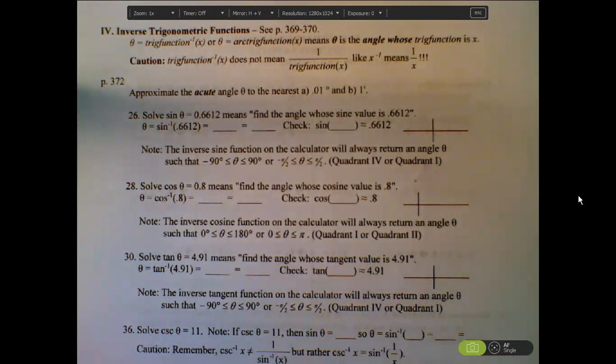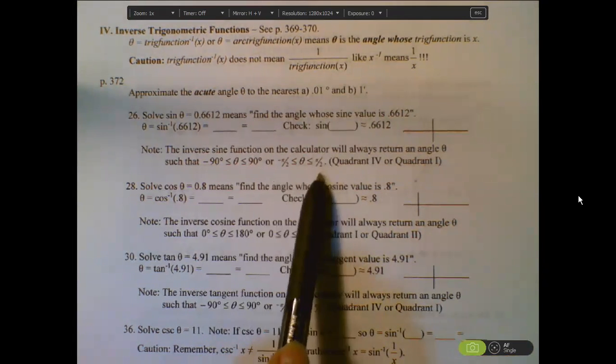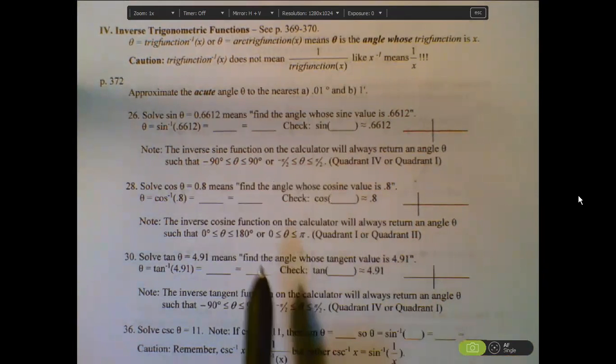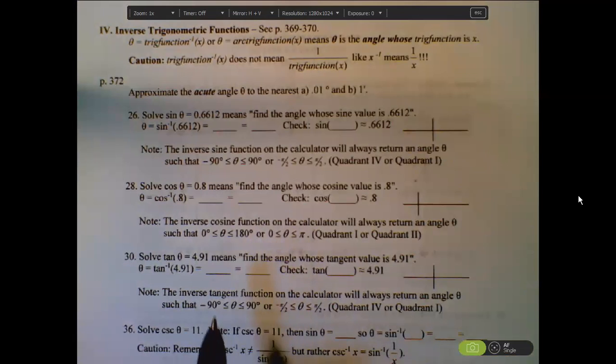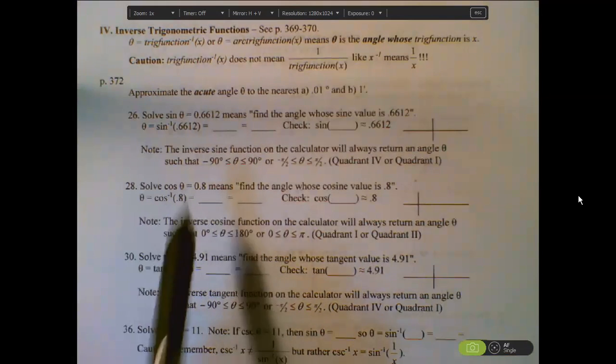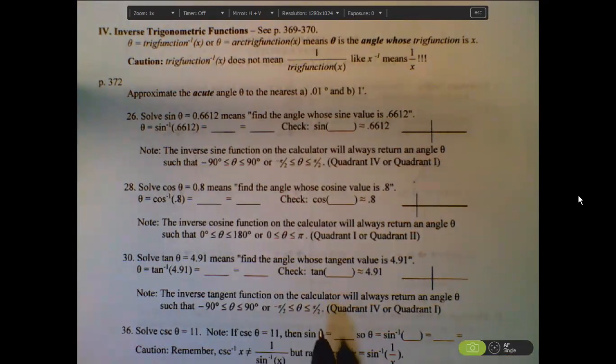It actually makes sense to use -pi/2 to pi/2 for sine, because that's where sine goes from -1 to +1. And for cosine, use 0 to 180, because that's where cosine goes from +1 to -1. And then if you can remember, tangent has the same restricted domain as sine, but it makes sense to use -pi/2 to pi/2 because that's where tangent has vertical asymptotes.